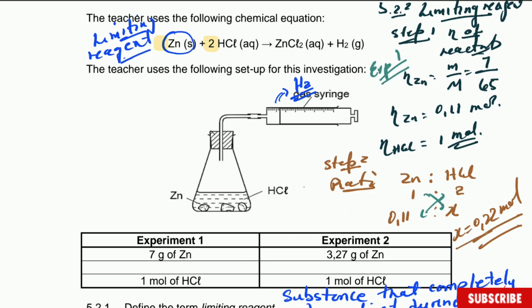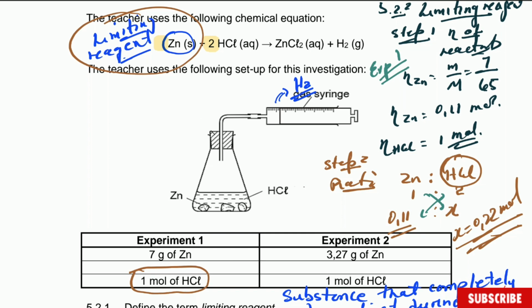So I need 0.22 mole of hydrogen chloride to use up the 0.11. However, I have 1 mole, so I have much more than I need. Therefore, the limiting reagent is the zinc. I need less hydrogen chloride than the amount I have. In other words, like we said before, zinc is the limiting reagent.